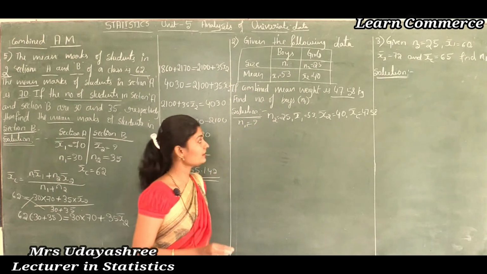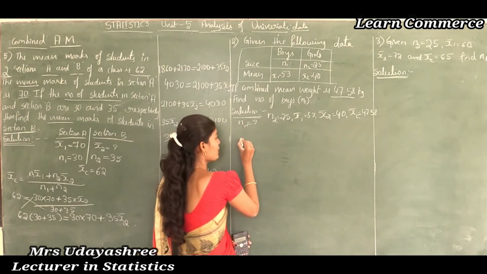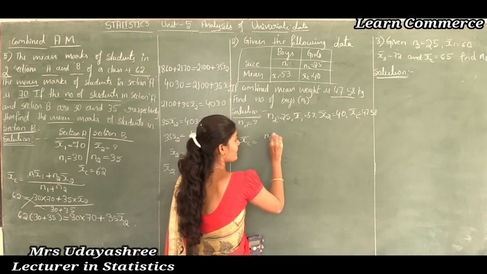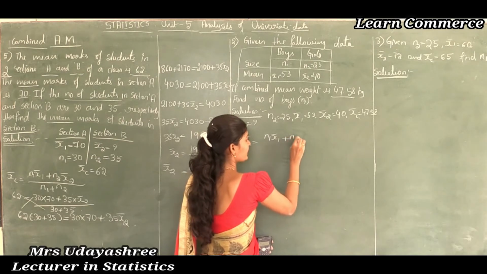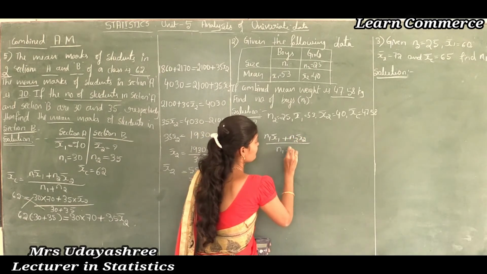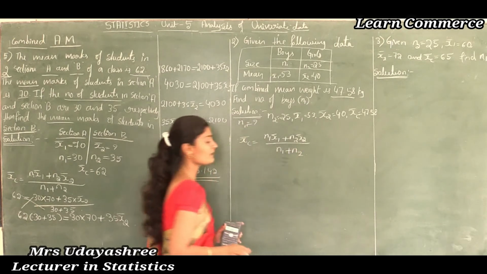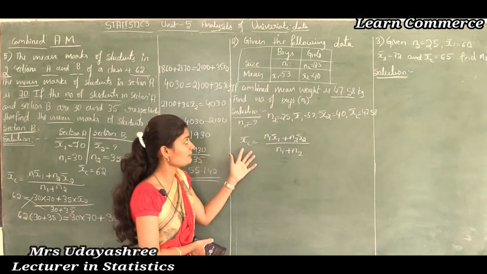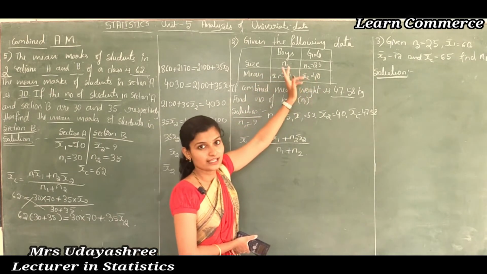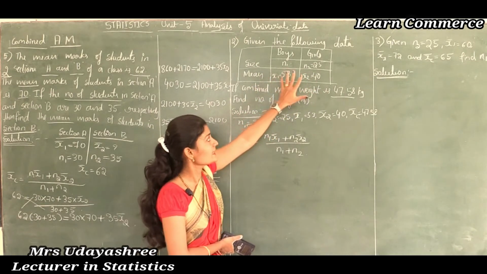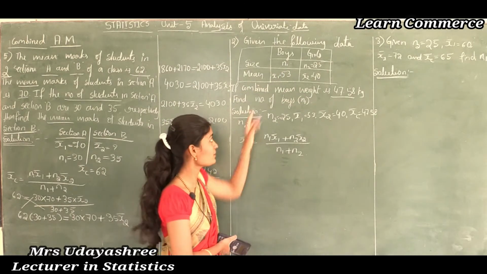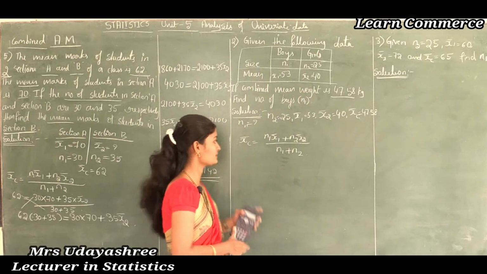We know the combined arithmetic mean formula: x bar C is equal to N1 x bar 1 plus N2 x bar 2 divided by N1 plus N2. Why the combined arithmetic mean formula? Because here two sets of observations are given, therefore we need to find the combined arithmetic mean.